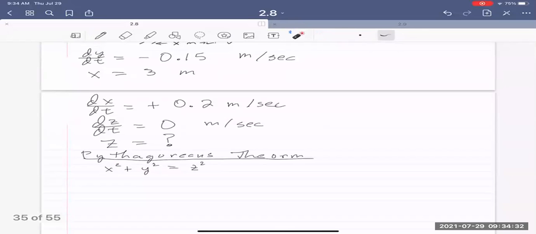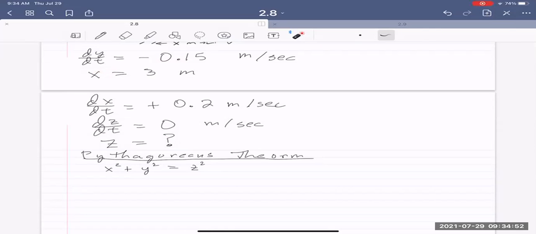So I know x, I want to figure out z, but I don't have a value of y when x is 3.